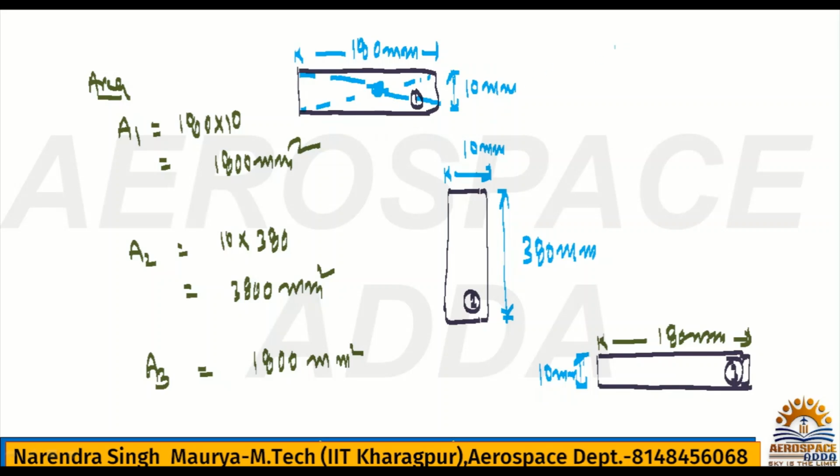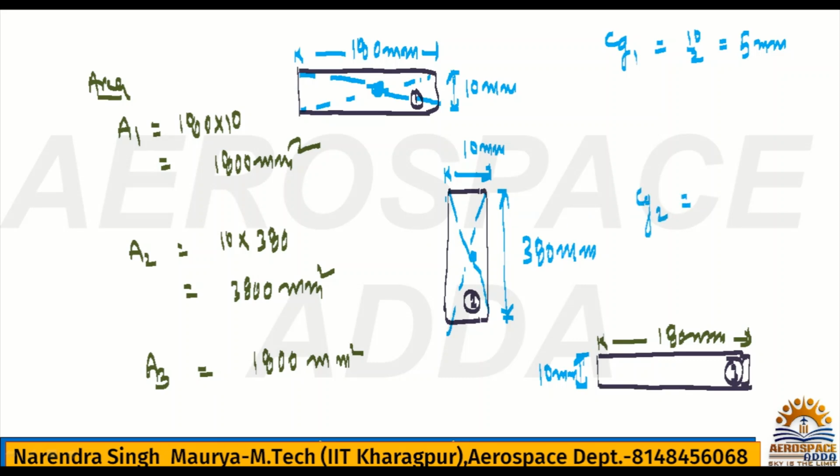So here CG1 is nothing but 10 by 2, that is 5 mm, because this is section 1, so I have given the name CG1. Similarly for this section you have to calculate CG. This will be the CG location.